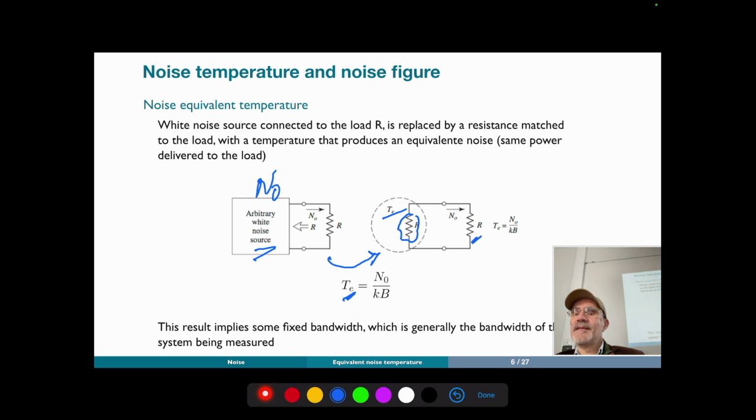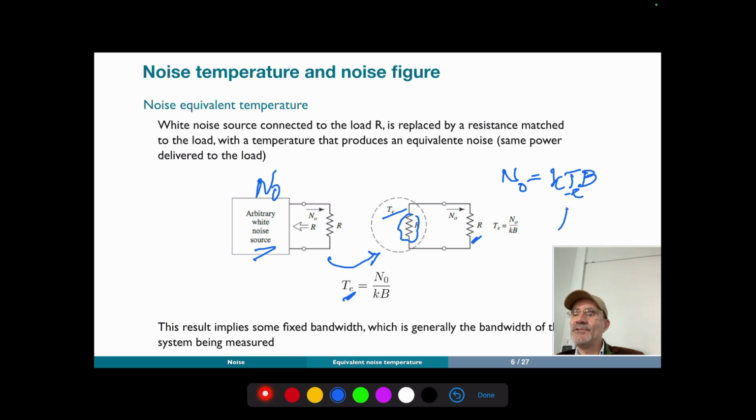And we know that the noise generated by this resistance here is, as we've seen, KTB. But the temperature here is this equivalent temperature of the resistance.